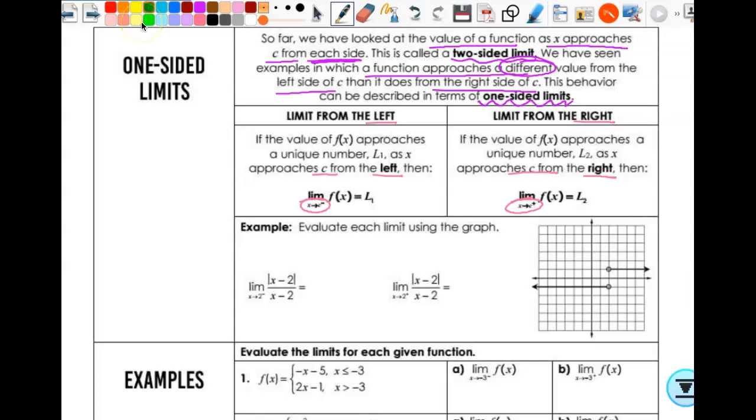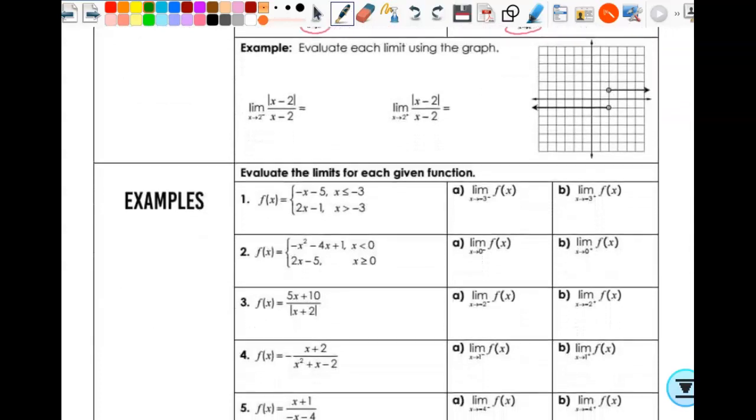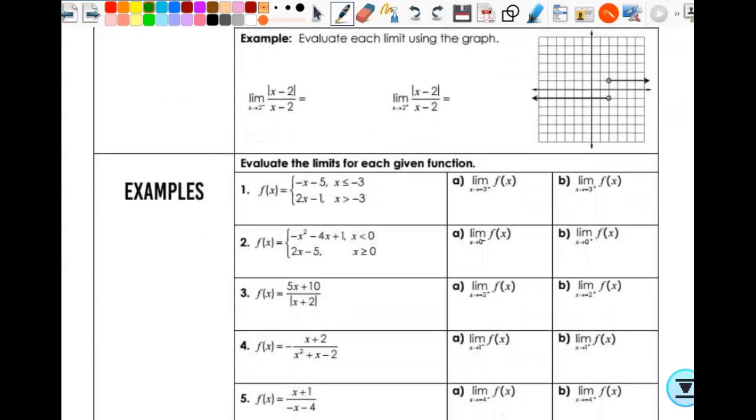So let's look at this example. It says evaluate each limit using the graph. So this is the graph of this function here. So this says I want the limit as x approaches 2 from the left. So as x approaches 2 from the left, what is y approaching? What's the y value? -1. And it's actually at -1 the whole time.